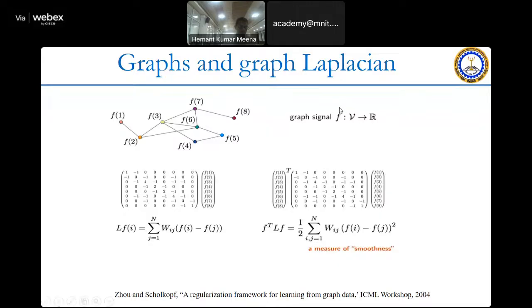This is the definition, so this is basically the meaning. What do you mean by F? F here maps vertices to the value R, which is a real number. That's why, when you go through, I will also share the very base paper, the core paper of graph signal processing, an emerging field.